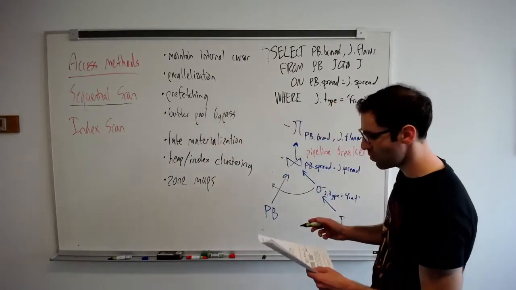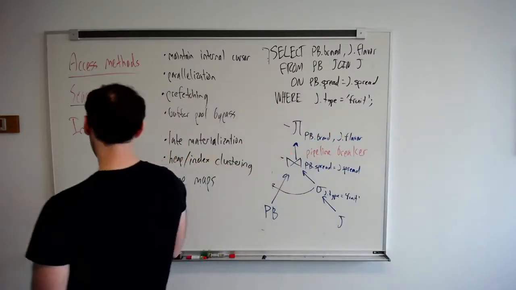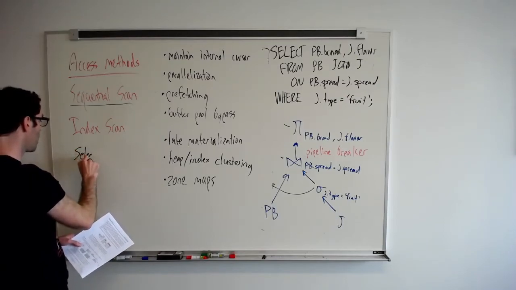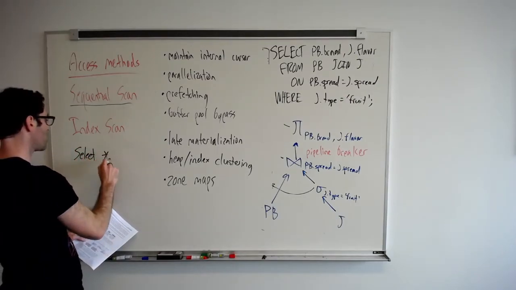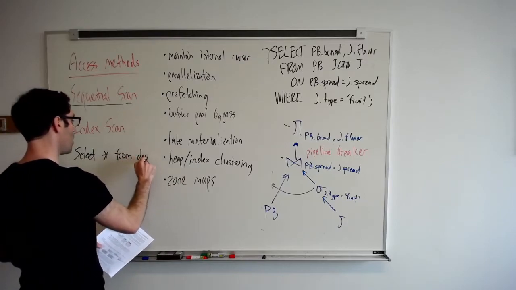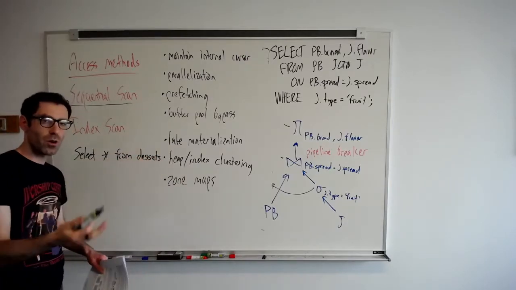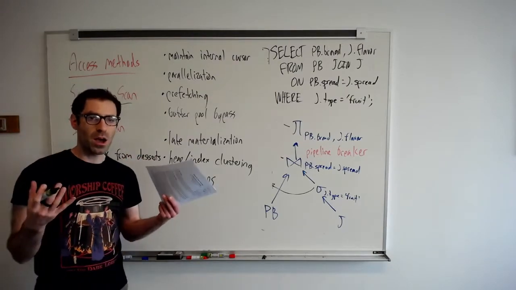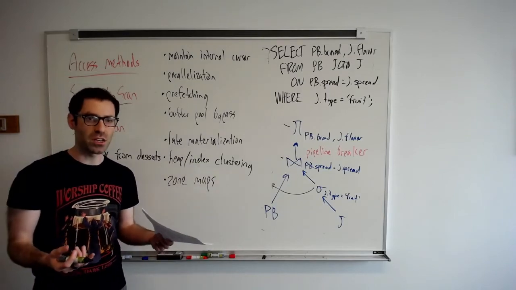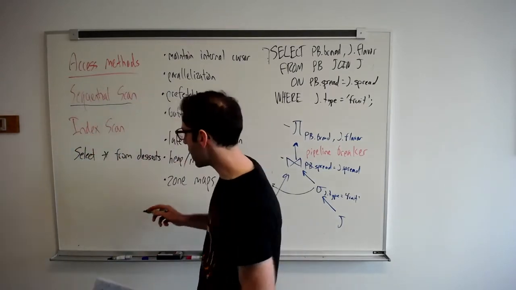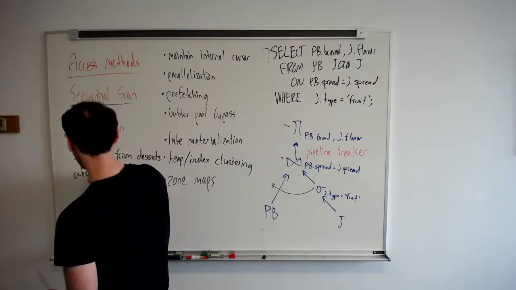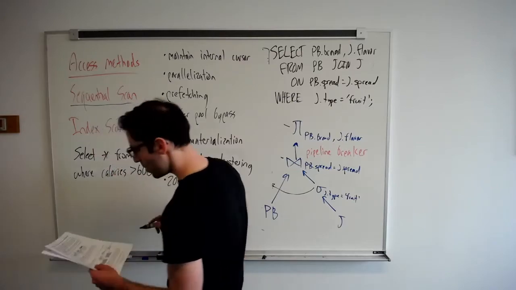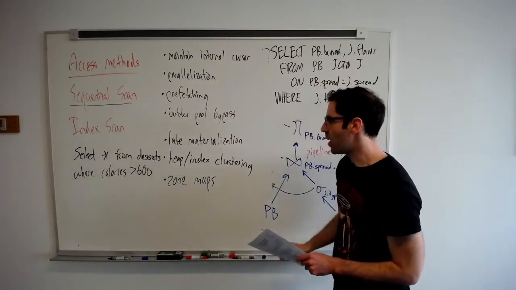To show you what I mean, continuing with the food theme, let's say we have a query, I want to select star from desserts. So I want tuples from the dessert table, but I want big, serious, heavy-duty desserts, like desserts that are really going to knock your socks off. And so I say where calories greater than 600, mean business.